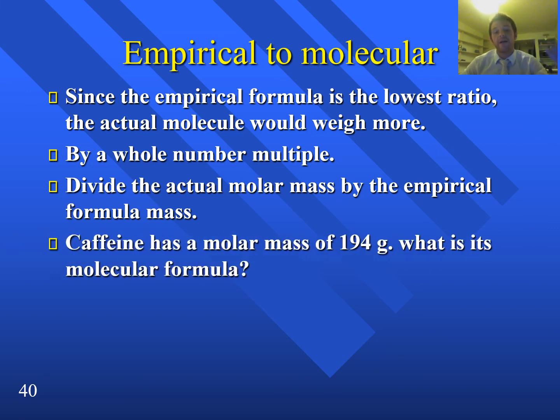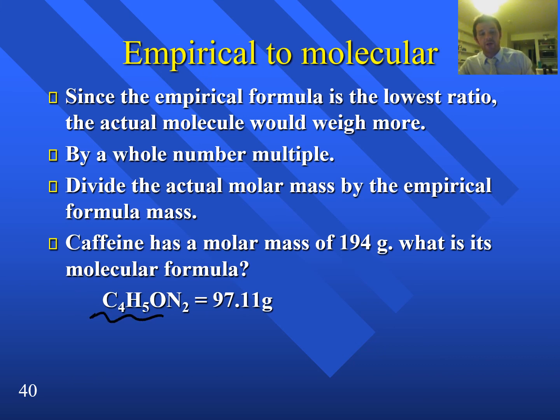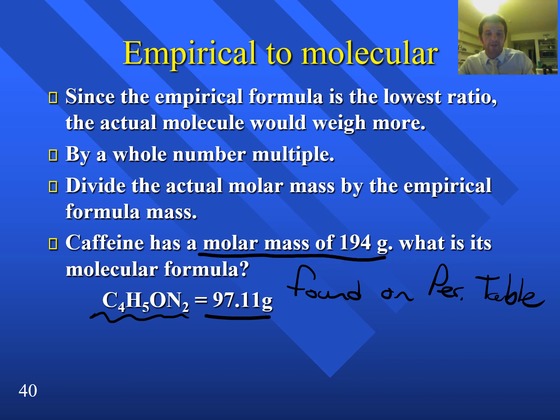So if caffeine has a molar mass of 194, what is its molecular formula? Remember, this was what we came up with. It's written a little bit differently. And then this is just the molar mass found on the periodic table. But they're telling us it has a molar mass of 194.